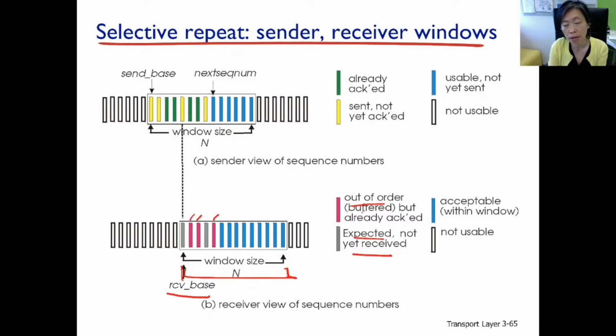These are the packets arriving okay, but out of order because there's a gap before them. So those are the out-of-order buffered packets. The blue ones are reasonable packets that are expected next. The black ones are just not possible. So if we receive packets after receive base plus N, we'll just treat these as maybe hacker-injected packets, spoofed packets, things like that.